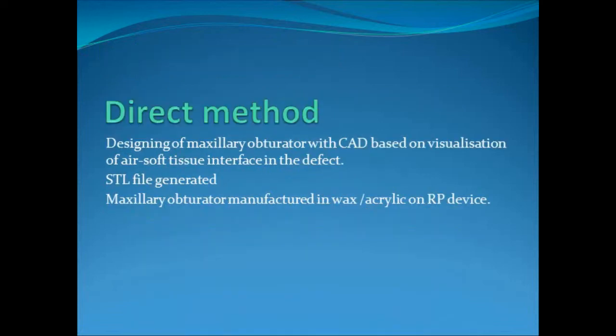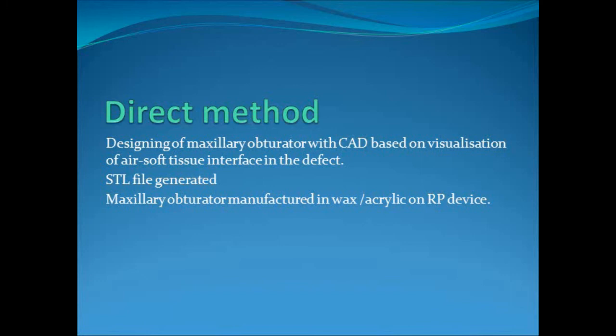Here, after the 3D dataset is processed with the RP&M software, the obturator is constructed through a direct process. The whole of the prosthesis is designed with the use of computer aided designing, that is CAD, based on visualization of the air and soft tissue interface in the defect.